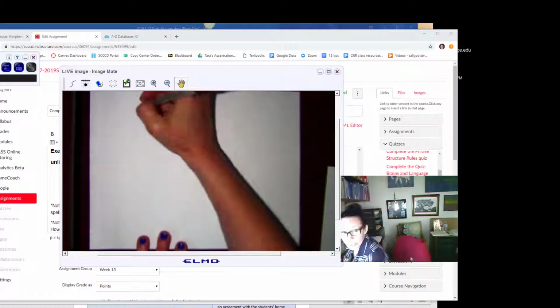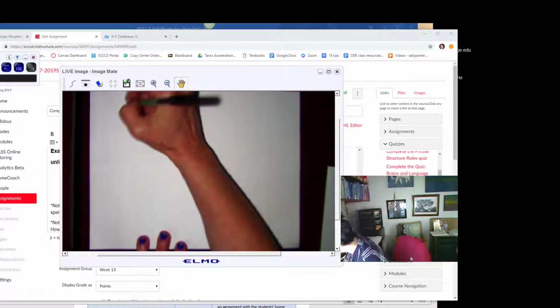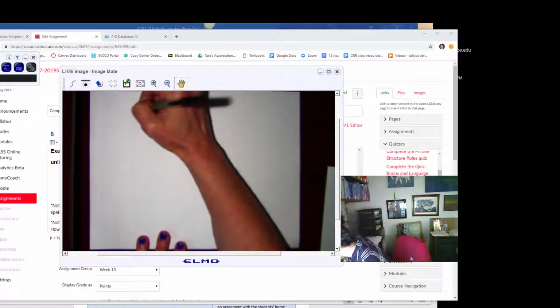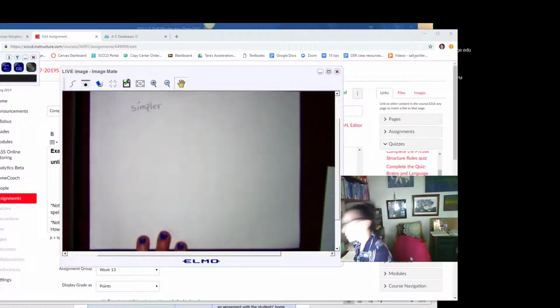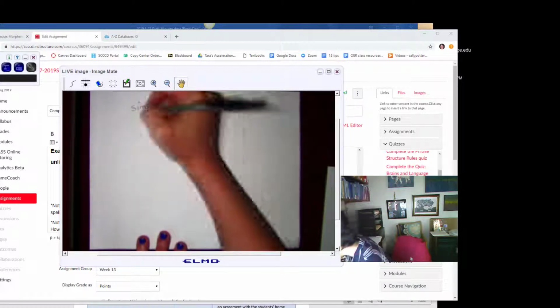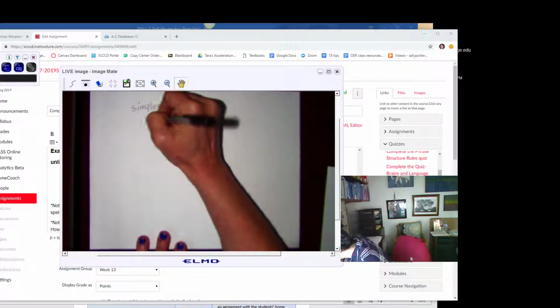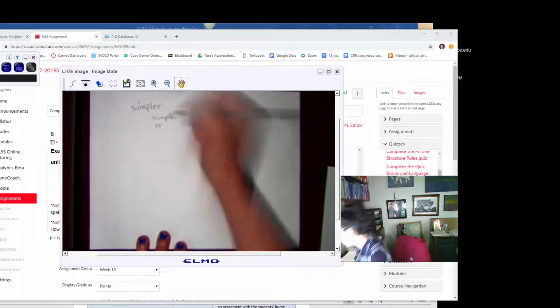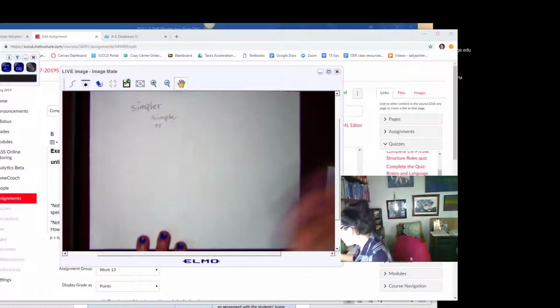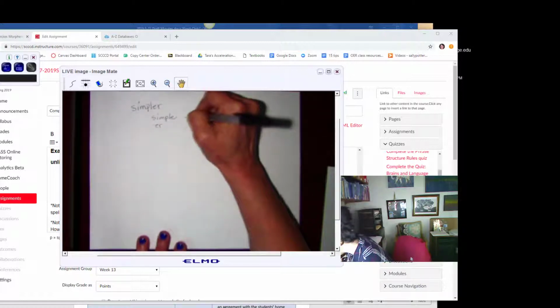The first word that we are going to break down is the word simpler. And simpler has two morphemes. It has simple, and then it's also got the ER. Simple is a free root.